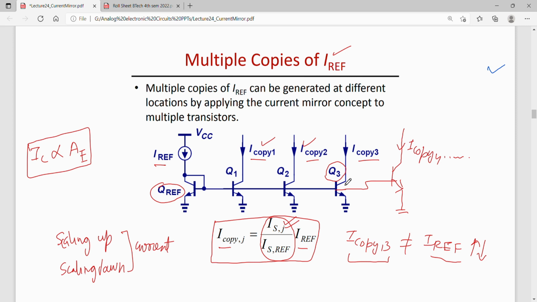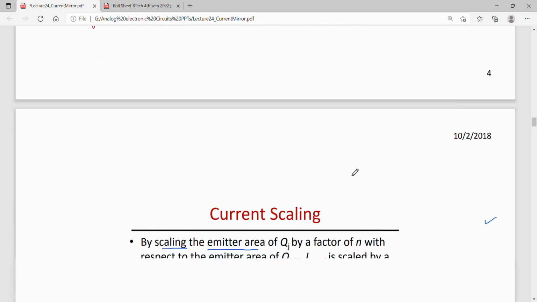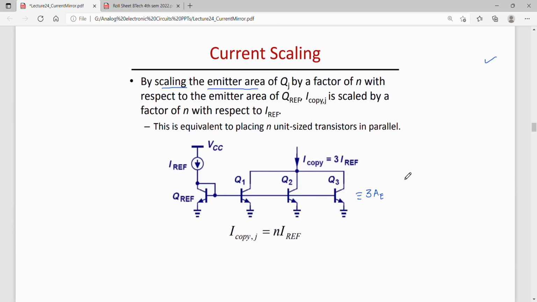So if I can change the area of the emitter, for example, the area of the emitter is AE, let us say, of QREF, and here if it is 2AE, twice the emitter area of QREF, then obviously the current here will be twice IREF. Maybe that is being explained here in this slide.